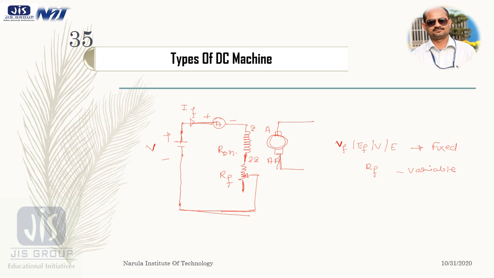Now what is the second option? The second option is this voltage is variable and this is fixed. So in that case, this is the diagram. So this is now a fixed resistance. Okay. So no need to represent it separately.